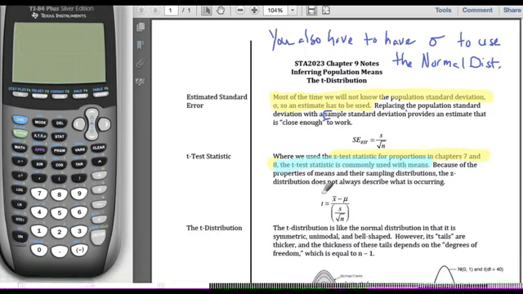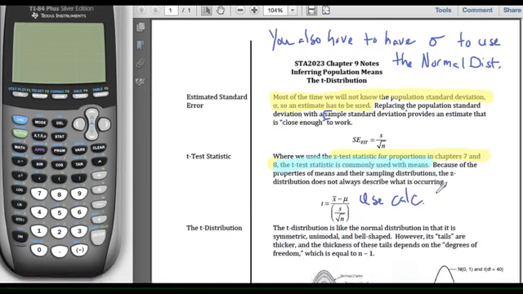The t-test statistic can be calculated with this formula. X bar is your sample mean, minus mu, which is your population mean, all over S over the square root of n, this estimated standard error. We're going to use the calculator to find our t-test statistic every time.